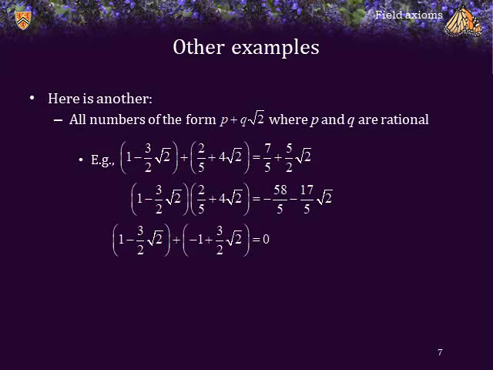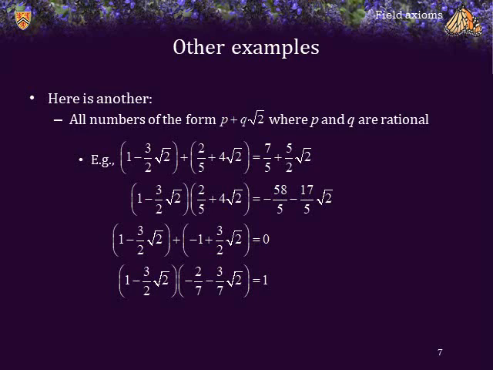There's an additive inverse. I can add negative 1 plus 3/2 root 2 onto the left-hand operand, and I get 0. I can also multiply 1 minus 3/2 root 2 by the expression on the right-hand side, and I get 1. Now you may be wondering, how did I get negative 2/7 minus 3/7 root 2?